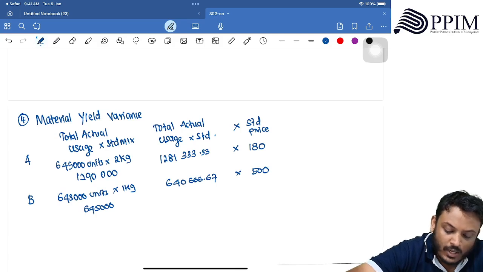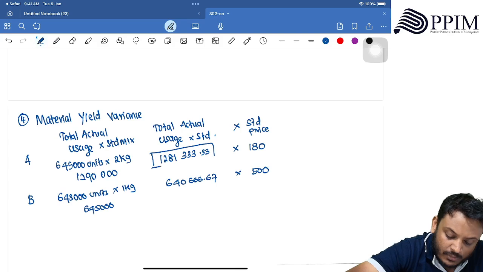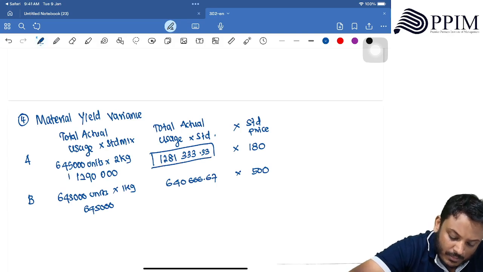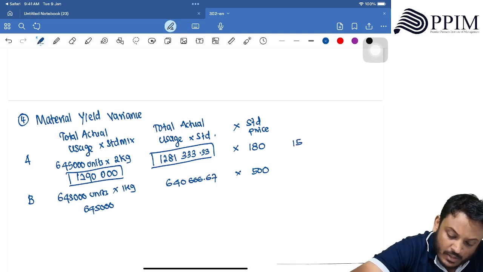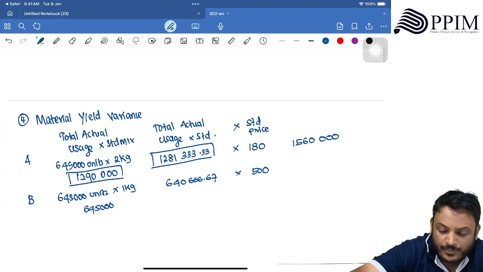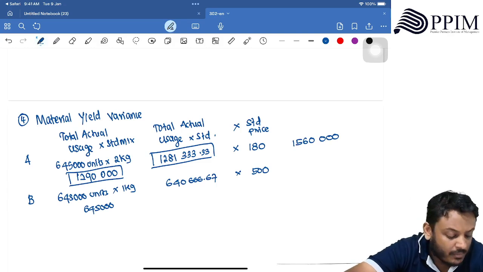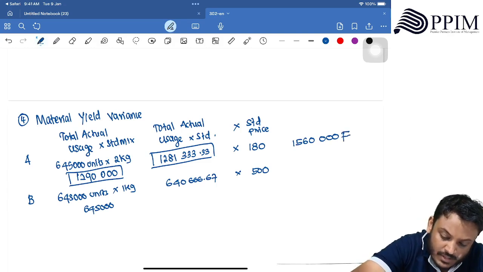So actually how much material yield? See, 1,281,333 but 1,290,000. So what is the difference? Multiplied by 180, 1,560,000. Favorable or adverse? It is favorable.